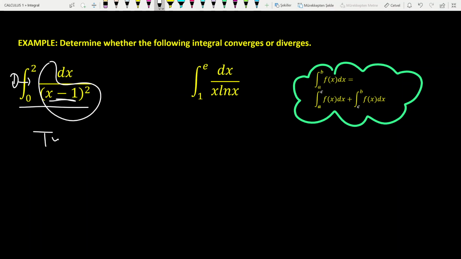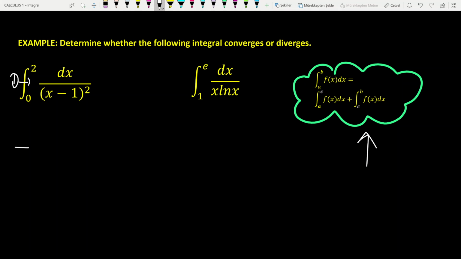This is why this is a type 2 improper integral, right? So if we have a type 2 improper integral, and if one point in the interval makes the integrand undefined, we have this case, right?